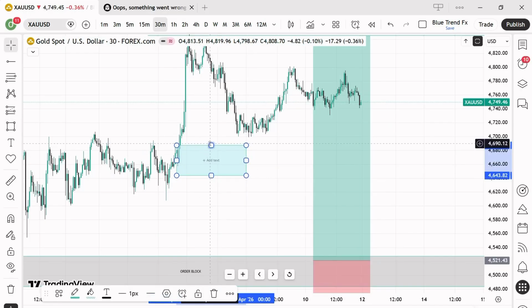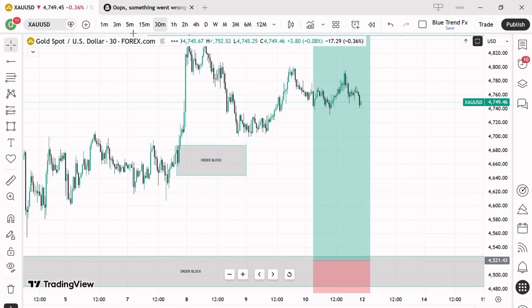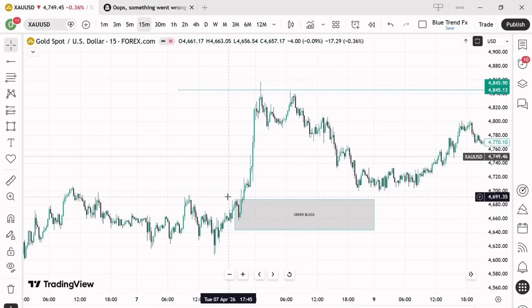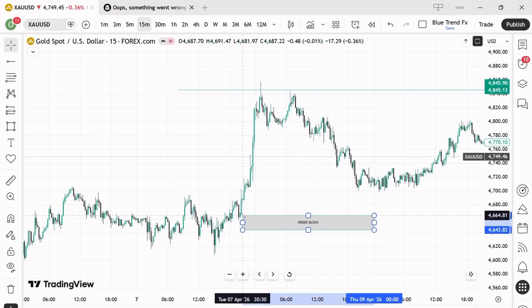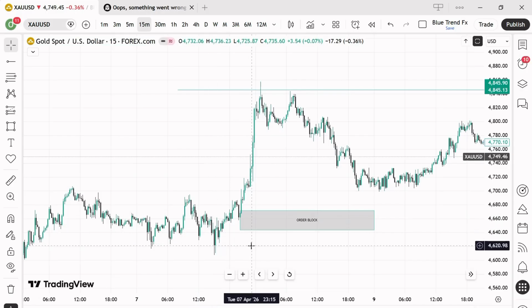So if market gets to this level right here and is giving a reversal structure, why not? We can dive in there. This right here has been mitigated.